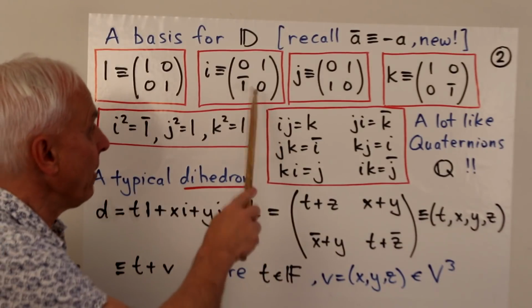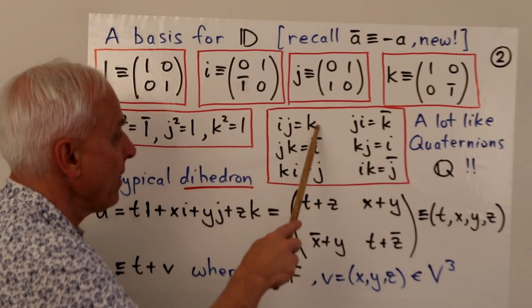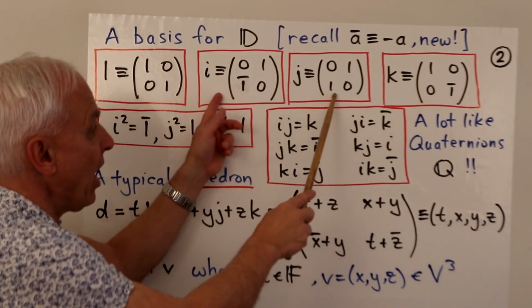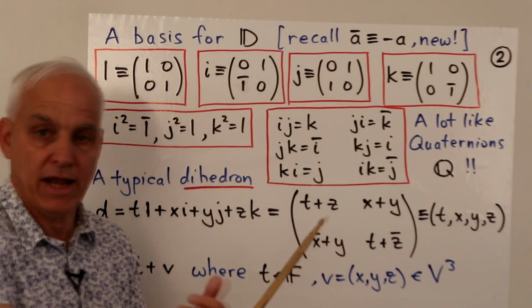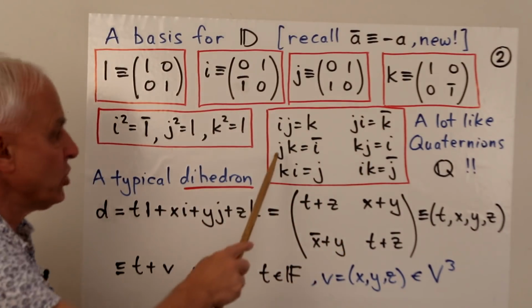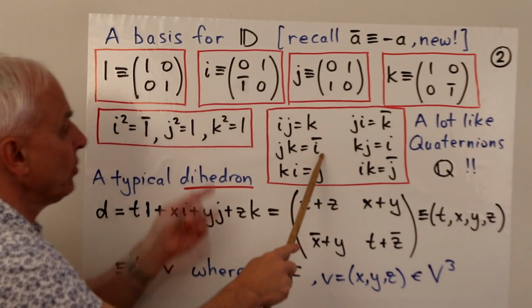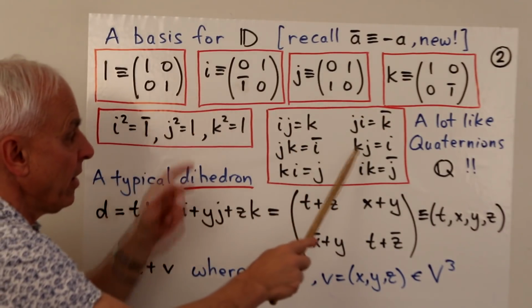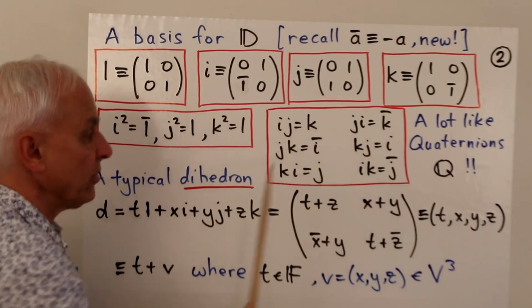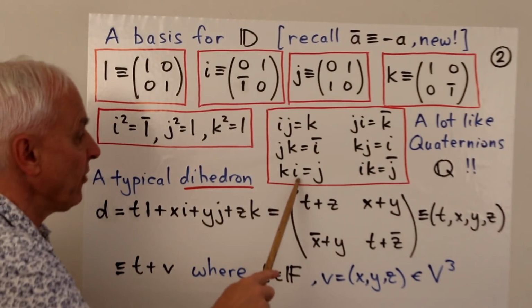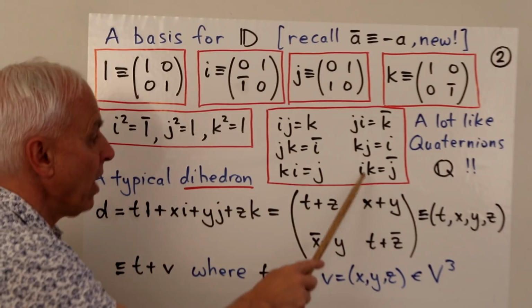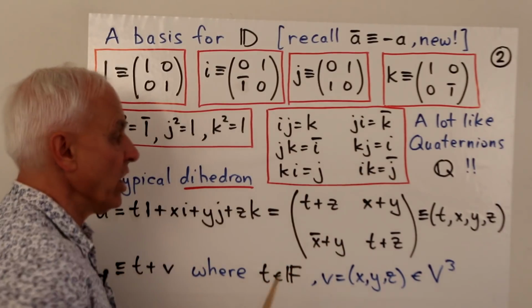So I times J is equal to K, while J times I is equal to K bar, or negative K. J times K is equal to I bar, and K times J is equal to I. And K times I is equal to J, while I times K equals J bar.